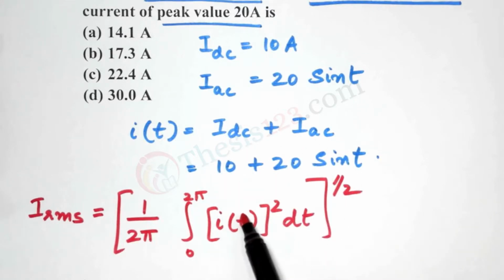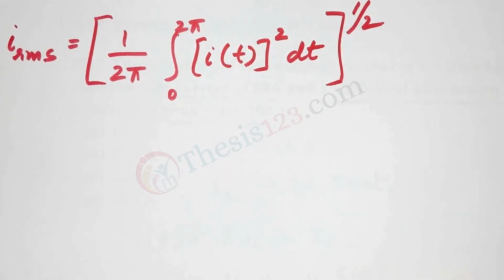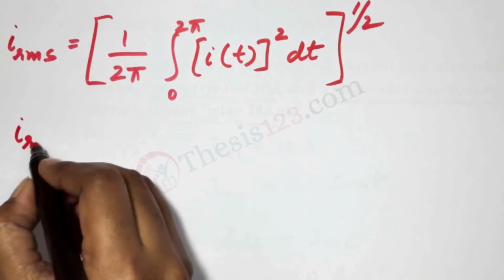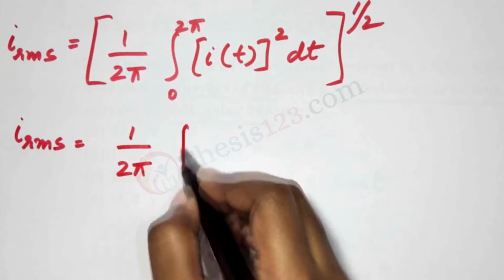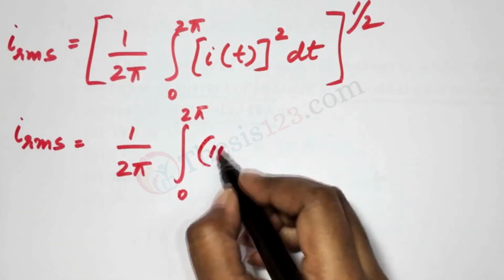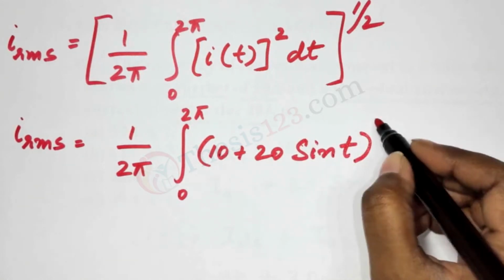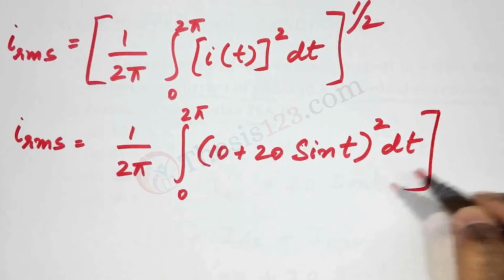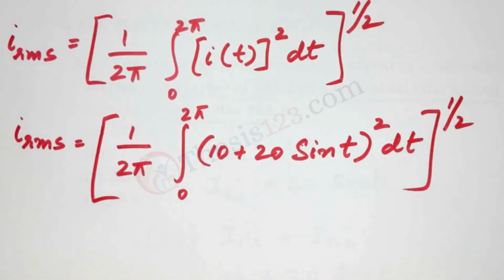Now we have to square this and substitute. So let's do that in the next step. Now let's substitute the expression for I of t. What do we have here? We have IRMS is equal to 1 by 2 pi integral of 0 to 2 pi, I of t is (10 plus 20 sin t) whole square dt, the whole under root.